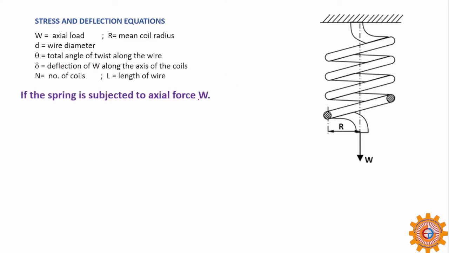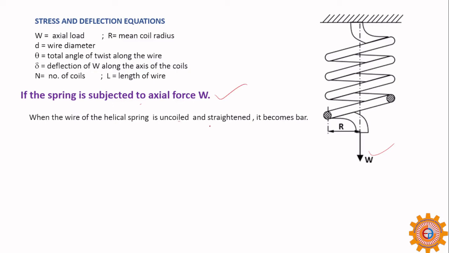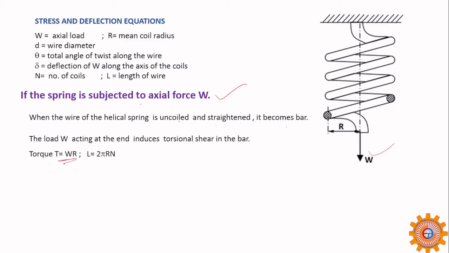Next, if the spring is subjected to axial load W, when the wire of the helical spring is uncoiled or straightened, it becomes a bar. This is the torque.